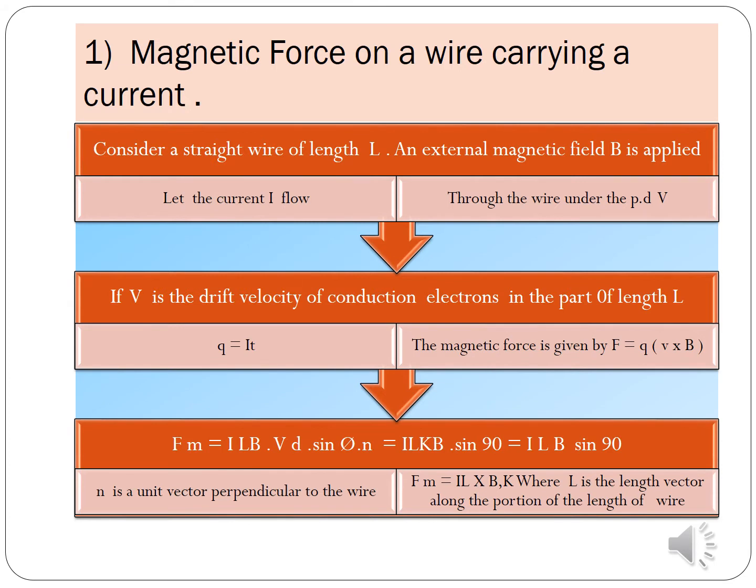The first instance, that is the magnetic force on a wire carrying a current, could be explained as follows.